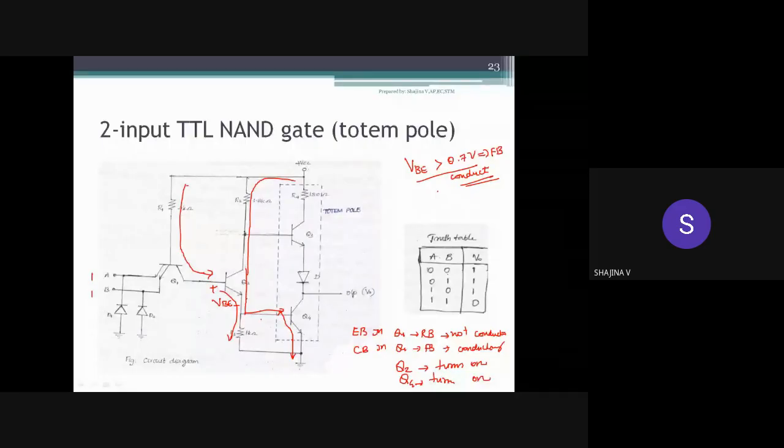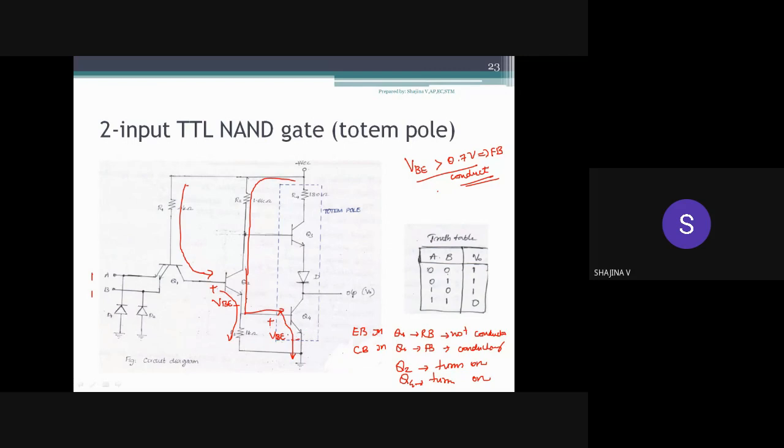Okay. Then this transistor Q4 will also turn on. So here also this will get enough base voltage, that is, the base emitter voltage will be greater than 0.7 volt, and transistor Q4 also turns on.